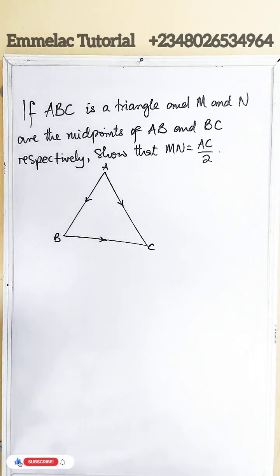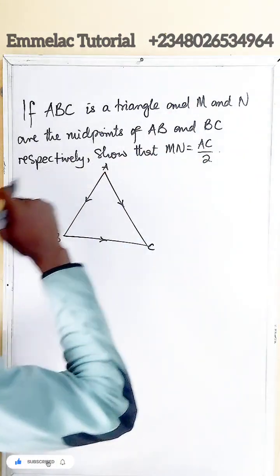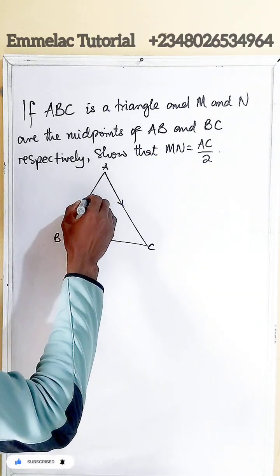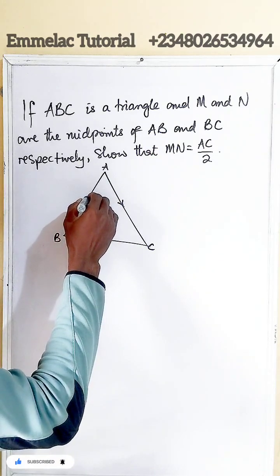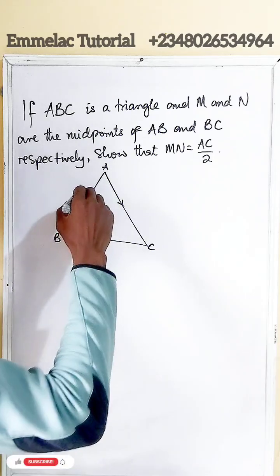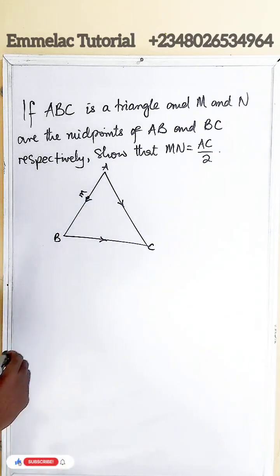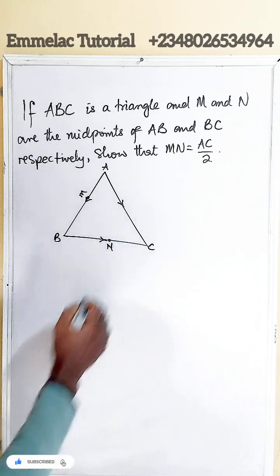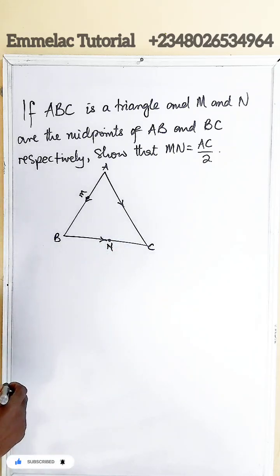And we are told that M and N are the midpoints of AB and BC. So let's assume here is the midpoint, this is for M, and this is the midpoint of BC, this is for N. Okay?